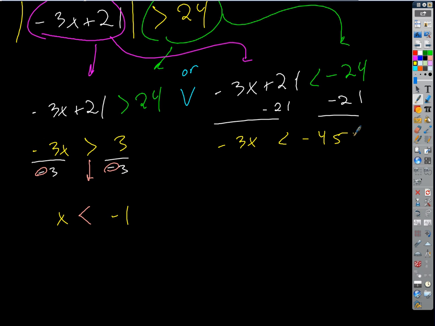Okay, now what? Going to divide by negative 3. So negative 45 divided by negative 3 is what? 15. Over here I get an x, good, but I've got to flip the sign, don't I? Because I'm dividing by a negative. I've got to flip that. And there's my answer.